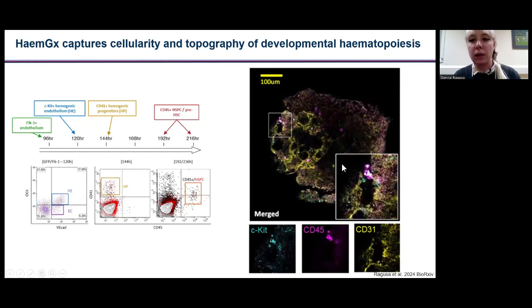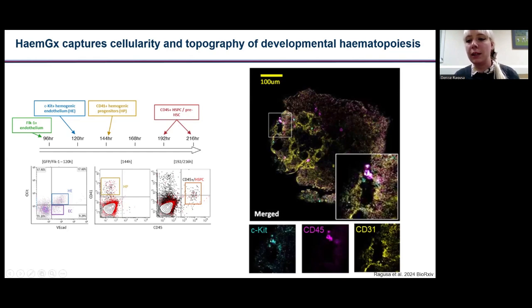We also performed some immunofluorescence on sections of the gastruloids, and we can see that they capture the topography of where these cells will be arising. In fact, we see markers of KIT around these protrusions, mimicking the aortic endothelium covering.